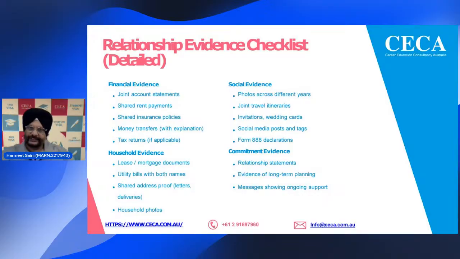In terms of relationship requirements, as I discussed before, financial evidence, household evidence, social evidence, and commitment evidence are required. Like your relationship statements, joint account statements, shared rent payments, shared insurances, money transfers if you have done any, and tax returns to prove you have the same address, lease or mortgage documents, utility bills, shared address proofs, and household photos.